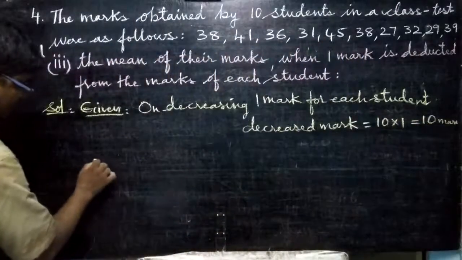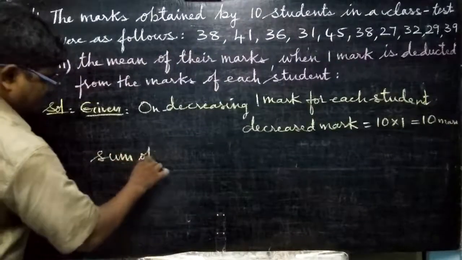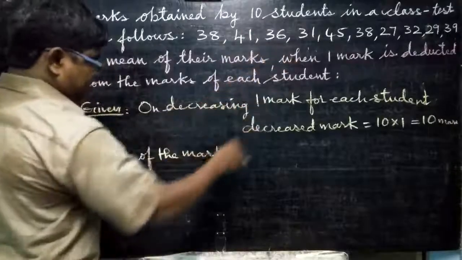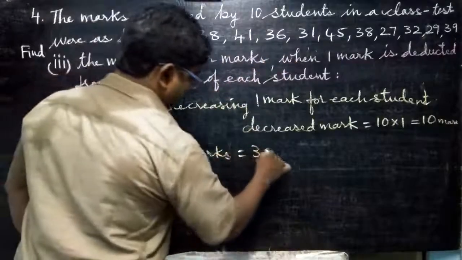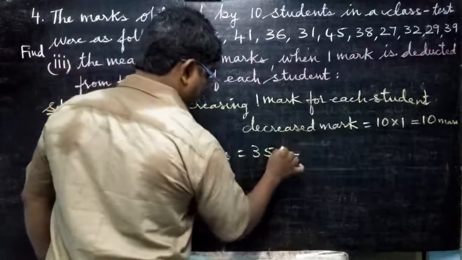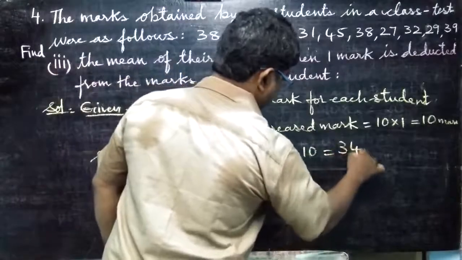How much did we get before? Sum of the marks. Sum of the marks before, when we added all those 10 marks, we got 356. Now we are deducting. Deducting means subtract 10. 346.